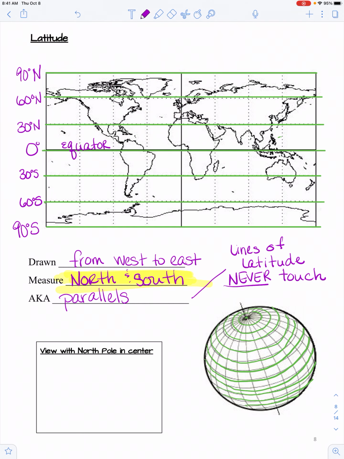So if we were looking from the pole, we have the North Pole right here. If I'm hovering over the North Pole and looking straight down, what I would see is these lines, and the view would look like this.